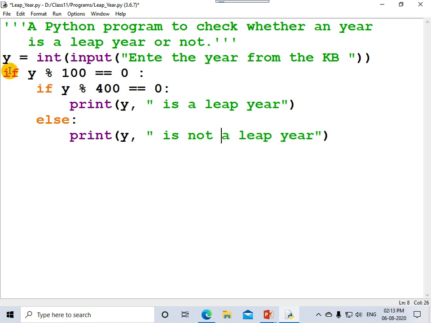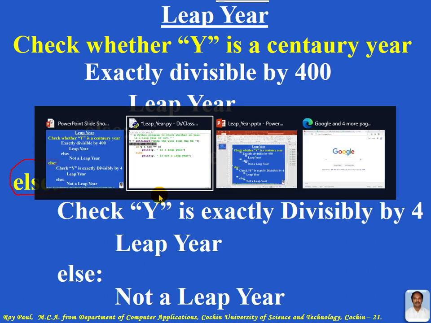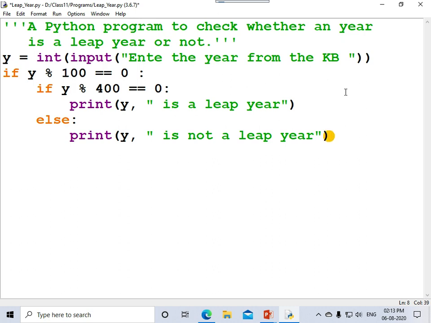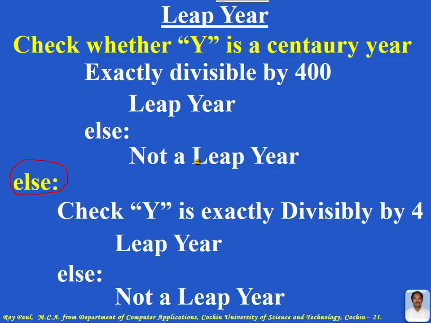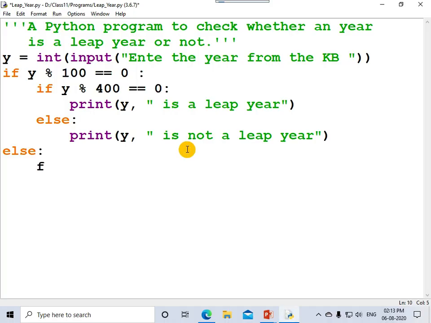Now suppose Y is not a century year, what is to be done? See, if Y is not a century year, the control will come to this else part. So first of all, let me write an else. Now here, what is to be done? Check whether Y is exactly divisible by 4.